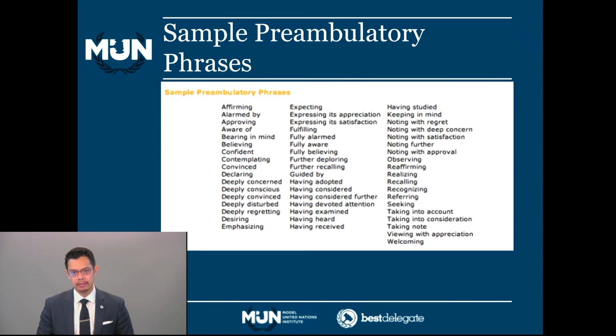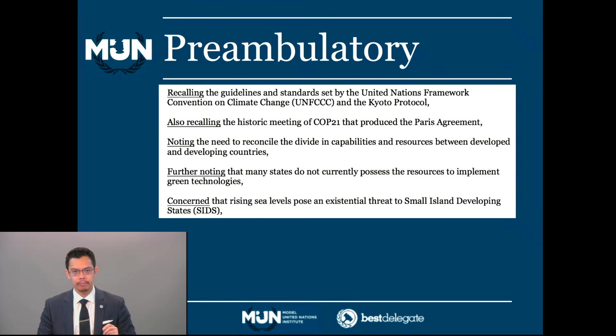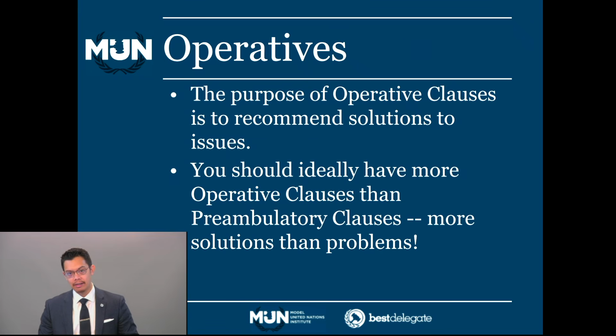That's one example. And you can use other words to describe the gravity of the problem. The next step is that phrase should be underlined in most MUN conferences in the US, and the phrase should end with a comma. And at the end, you'll see why. That is the preamble.